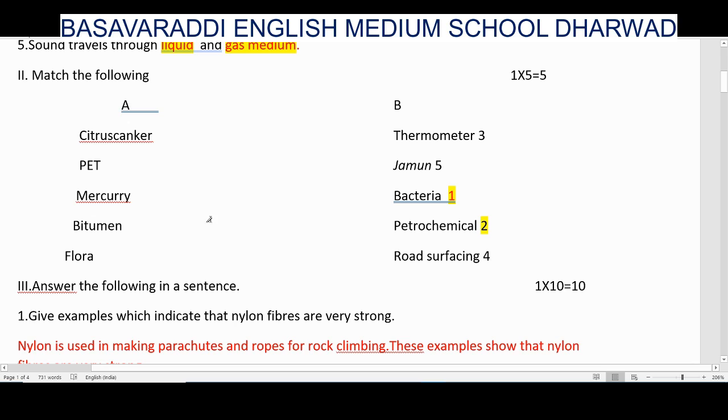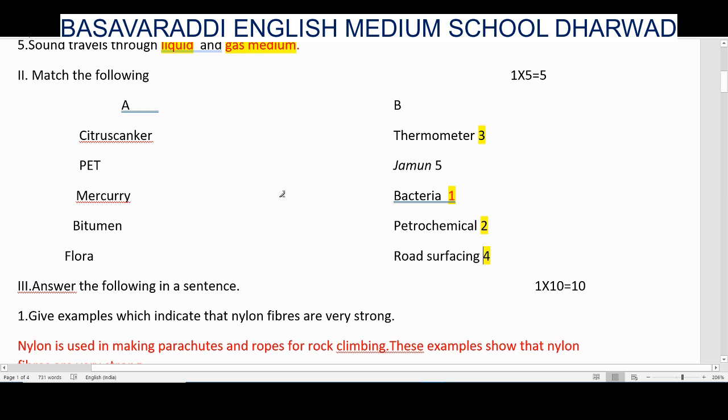Now we are talking about mercury. Mercury you find in the thermometer. Then bitumen. Bitumen is a kind of petroleum product which is used in road surfacing.